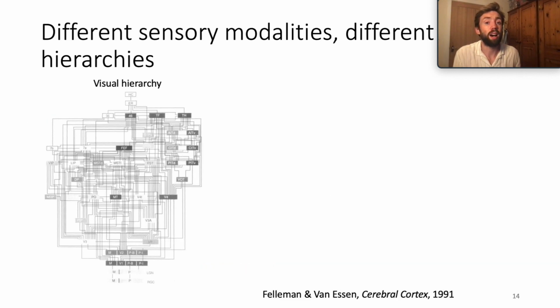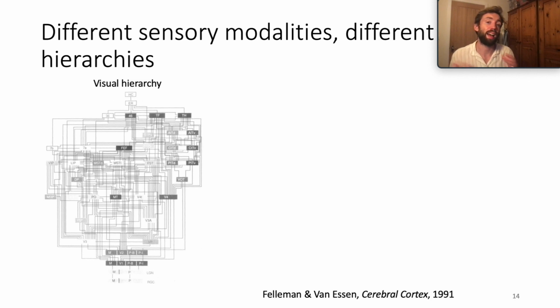So when we say the hierarchy or the cortical hierarchy, it might seem that there's just one ordering of everything in the cortex. And there are indeed some researchers that believe that. But I think a more conservative, but probably more accurate view is that there are in fact different hierarchies in the cortex. And these correspond at least to the different sensory modalities.